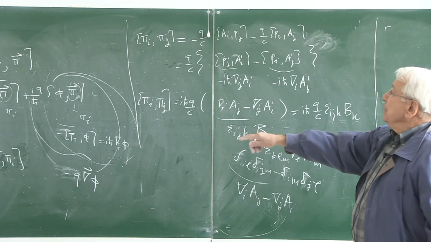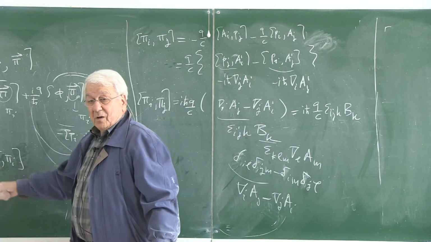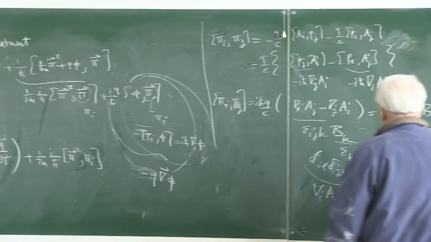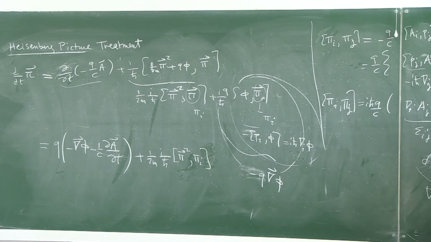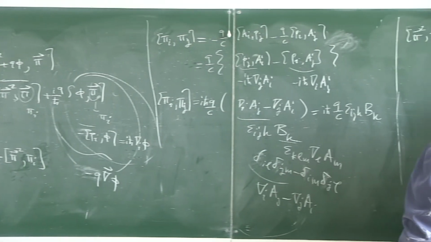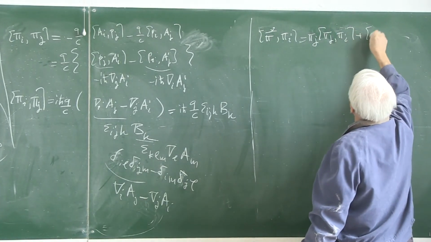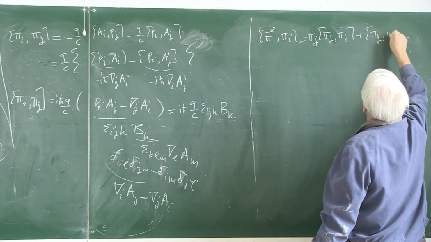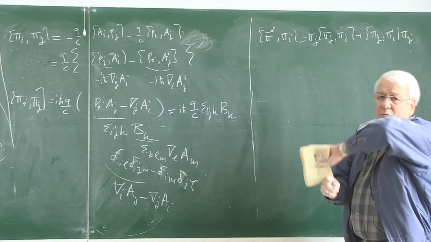This one is the only one missing, right? I need [pi squared, pi_i]. So using this, [pi_j pi_j, pi_i] is pi_j [pi_j, pi_i] plus [pi_j, pi_i] pi_j, the usual distribution.